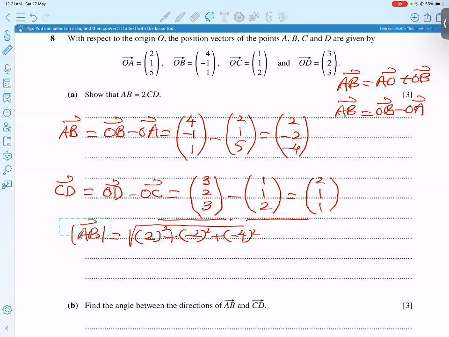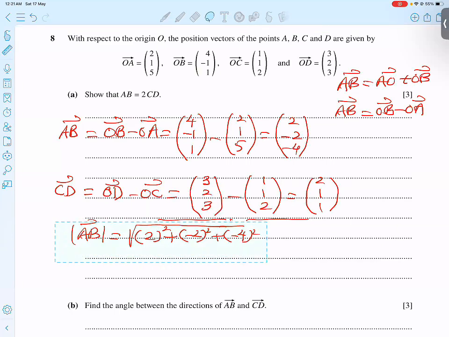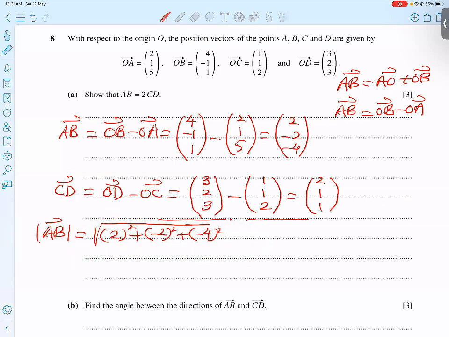This is done. What, students? Magnitude is what? 4 plus 4 and plus 16, 24 root.